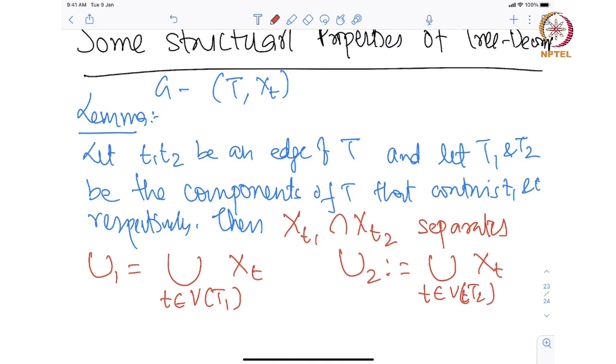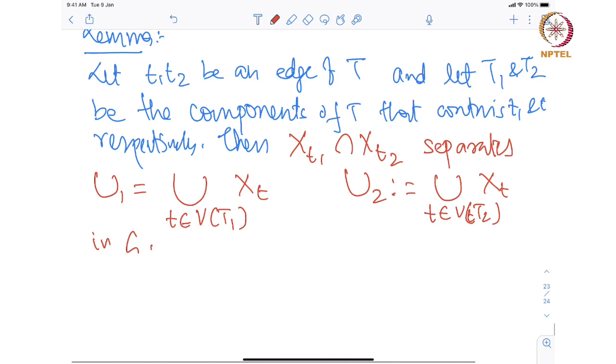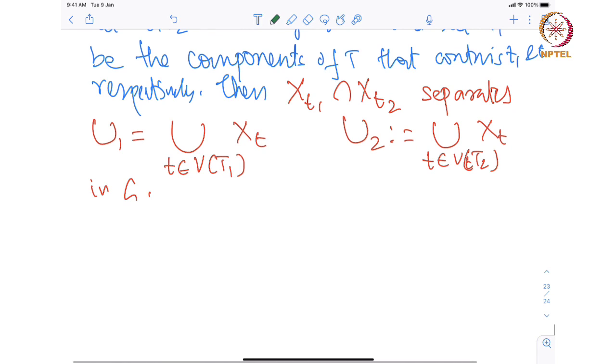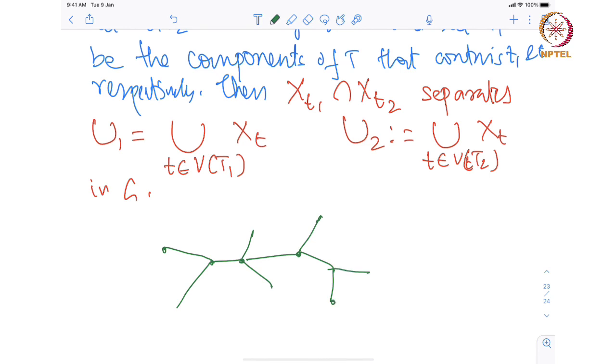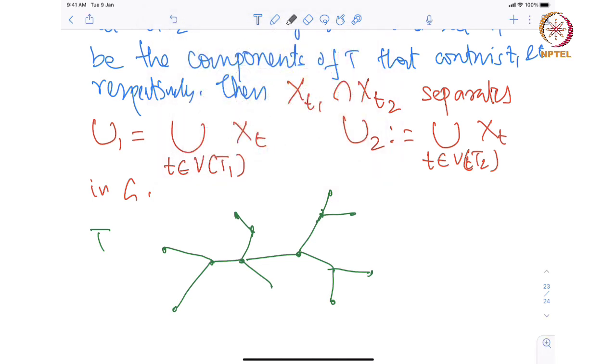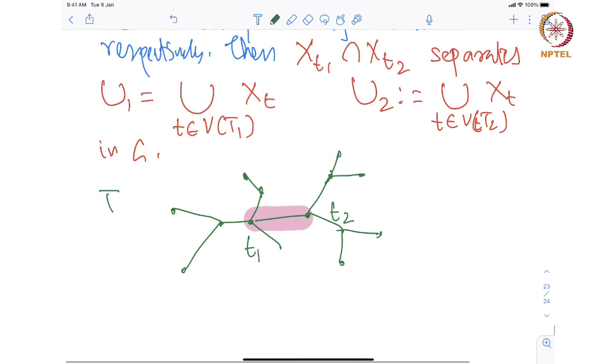In G. So let me draw a picture of what I mean by this. Suppose here is my tree T, and suppose this is the edge we are talking about. So this is T1 and this is T2. Now what is the meaning of this?